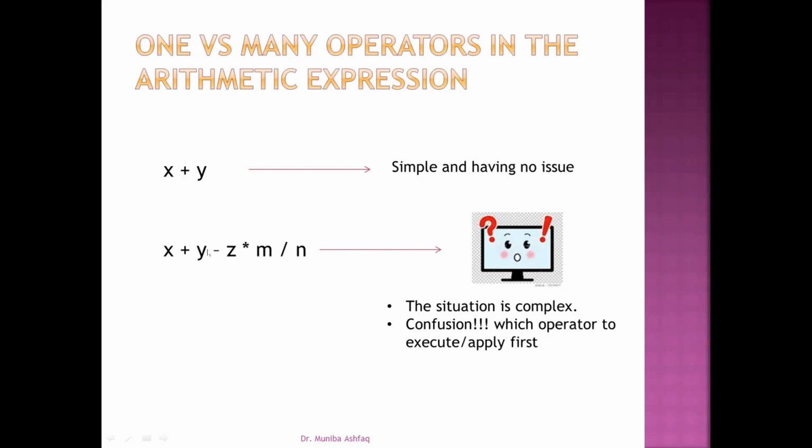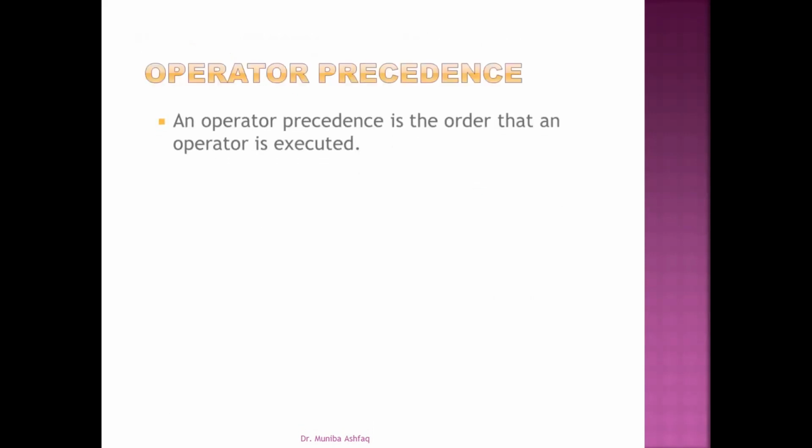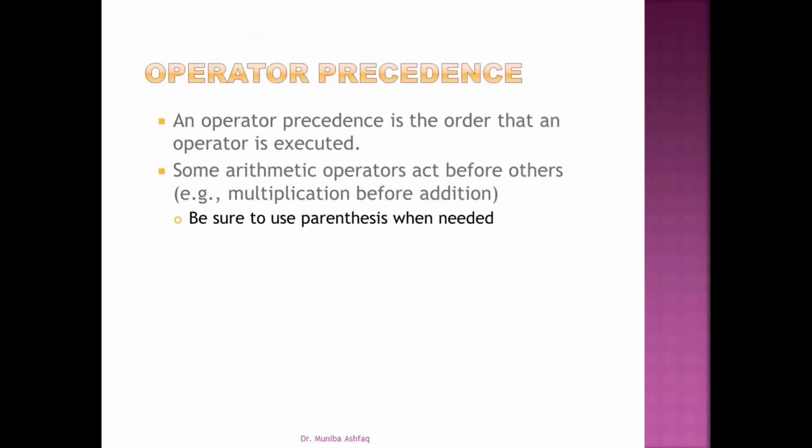So whatever is inside the parentheses will be solved first, and then the others can be solved according to the operator precedence list. So we have to write the parentheses.